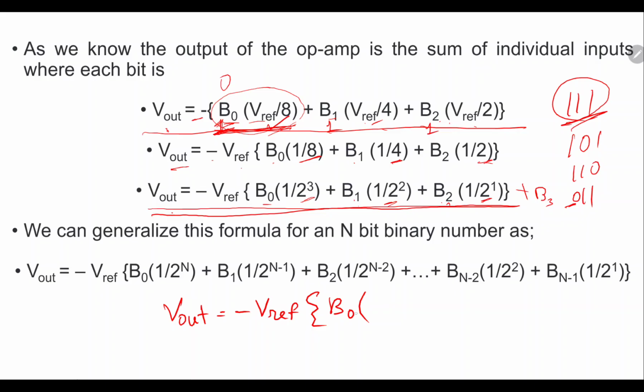See, with B0 we are getting the number of terms. Here the power of 2 is 3, and how many digits are we having? 3. So if I am having 4 digits, the number of bits is 4.